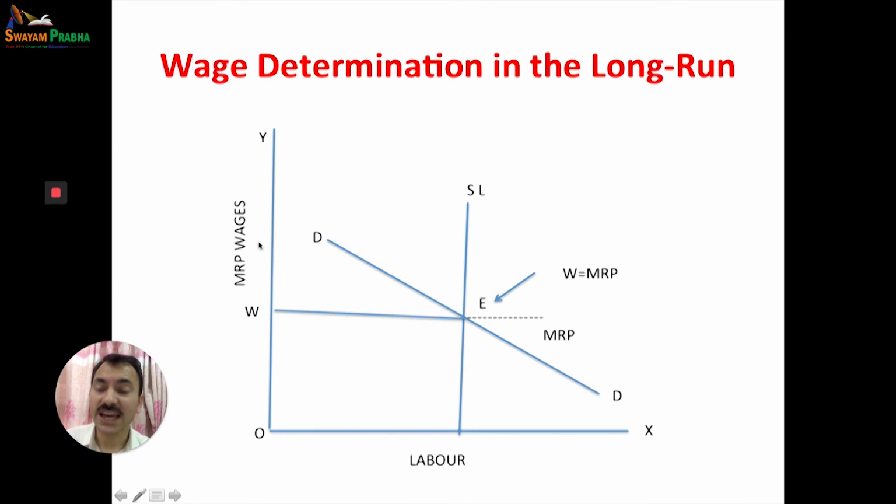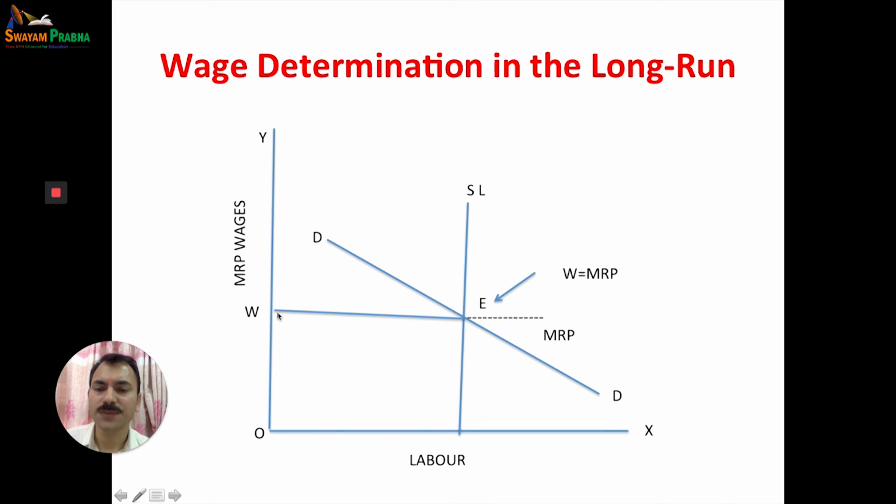Demand and wage have a reverse relationship: higher wages, less demand, and lower wages, more demand. If we are paying higher wages, the demand for labor will be less, but when the wage decreases, demand for labor increases. In case of supply, it is the inverse. The point where demand for labor intersects supply of labor is the equilibrium point.